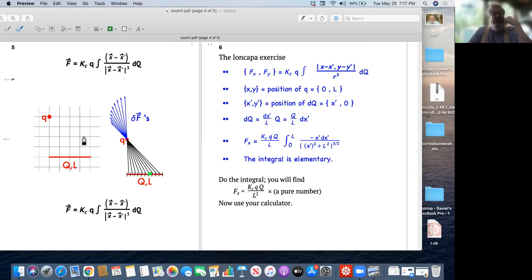So here's the fundamental equation. It's Coulomb's constant times the charge of the particle times the integral of x minus x prime over x minus x prime cubed dq. And it's only a question of calculating that integral. Now let's see how we do that for the exercise.